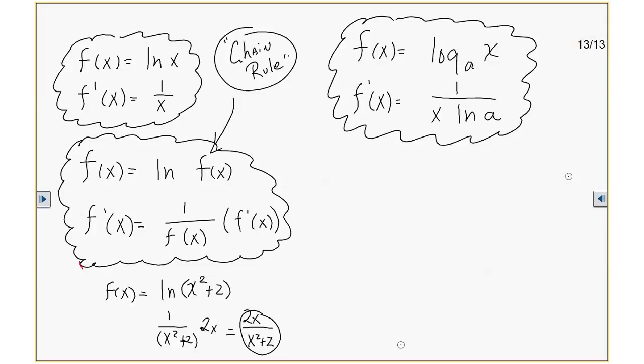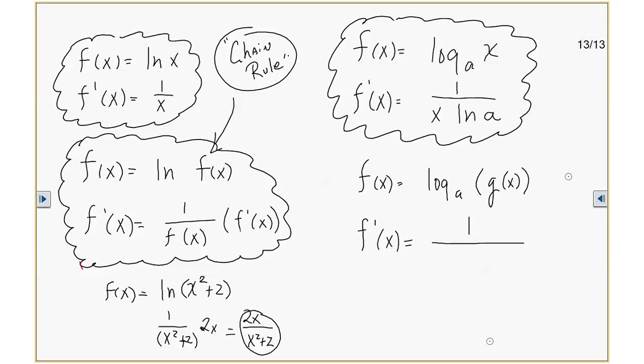And then the last one is f of x is equal to log base a, again, different base, of a function. f prime of x is equal to basically this whole thing, except you've got to remember the chain rule. So it's going to be 1 over g of x times the natural log of a times g prime of x.